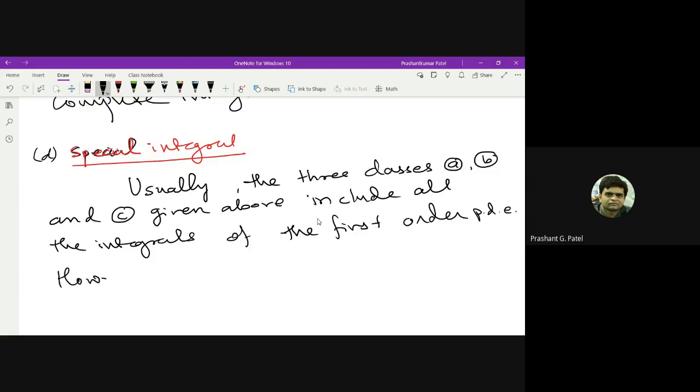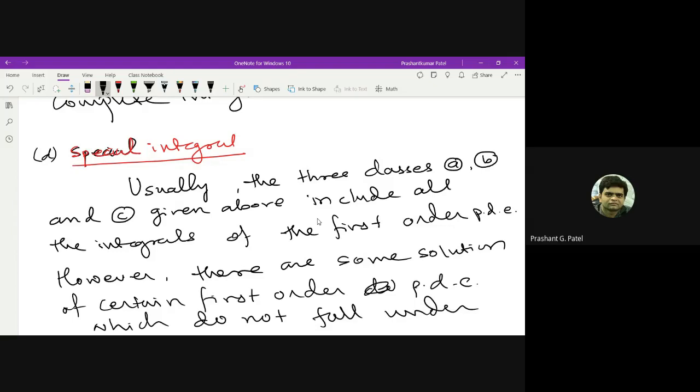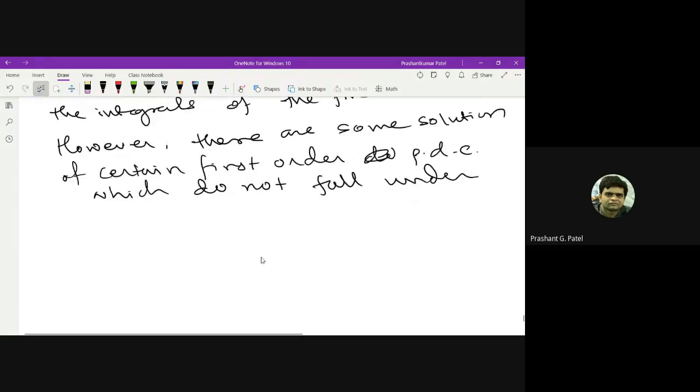However, there are some solutions of certain first order PDE which do not fall under any of the three classes.